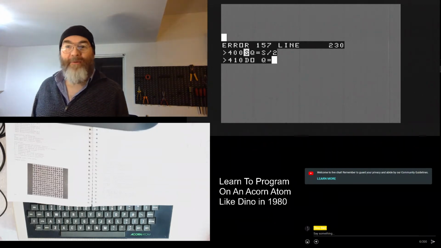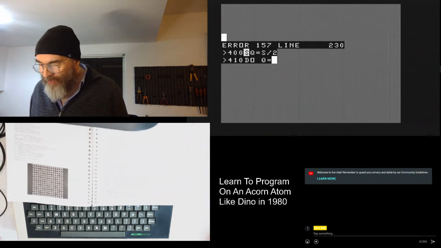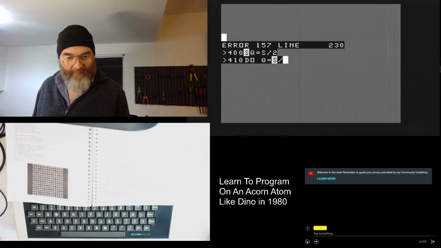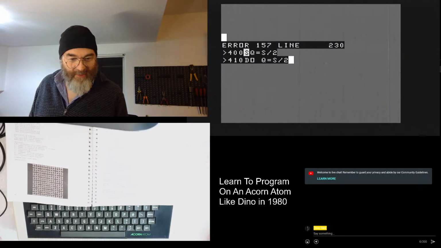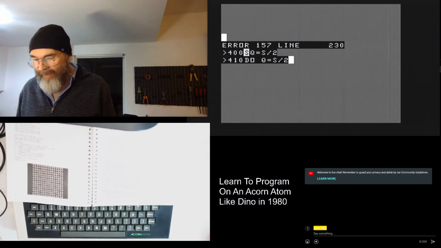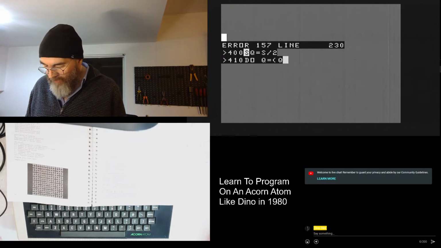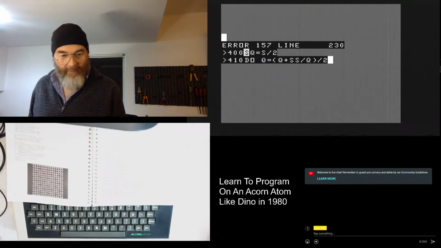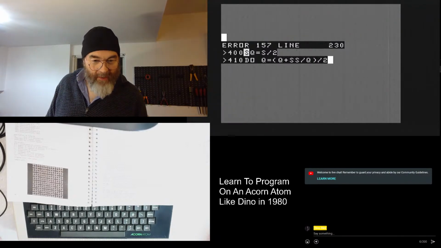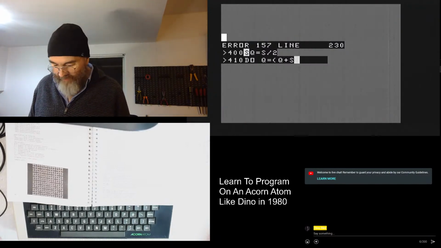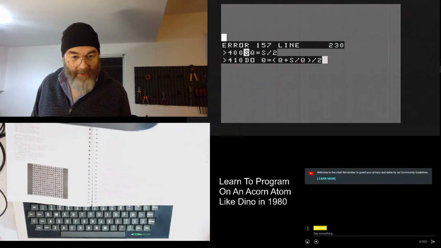So anyway, we'll continue. So do Q equal S over 2. No, dividing a subroutine by 2, you can't do that. Actually, let me do that line: Q plus S divided by Q, divided by 2.